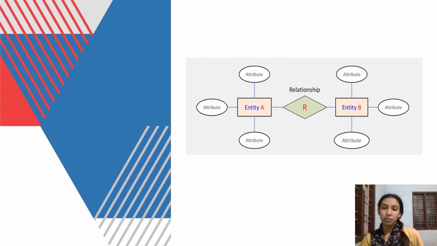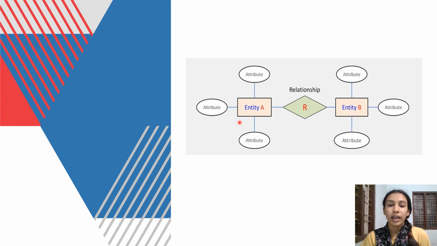Okay, here is an example. Here are entity A and entity B. There are two entities A and B, and these two entities are related with the relationship R. So here is a relationship R, and it is represented in the diamond shape.